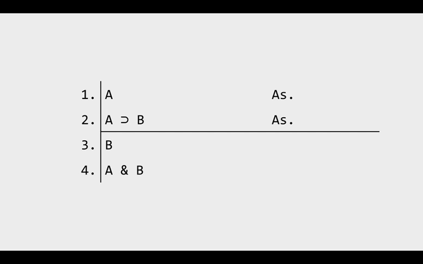So 1 and 2, those are the premises or the assumptions. So they're already correctly labeled as such, but for step 3 there needs to be a justification for it, which we put off to the right under the assumption labels. So how did we get from 1 and 2 to 3? Well, hopefully by now you are realizing that that's just a conditional elimination.